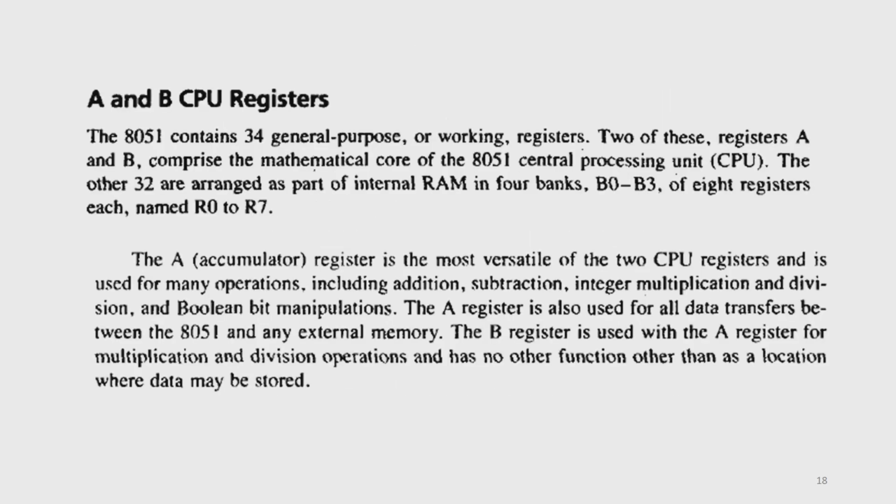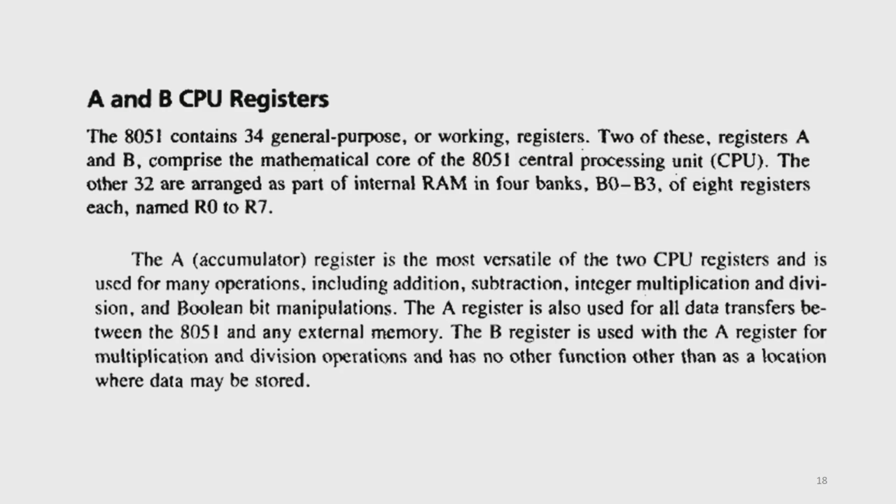These are the specific features of 8051 architecture. And the A and B CPU registers. The 8051 contains 34 general purpose or working registers, out of which the accumulator and B register are highly used for mathematical calculations. The accumulator register is the most versatile register among the 2 CPU registers, and it is used for many operations such as arithmetic and logical operations.